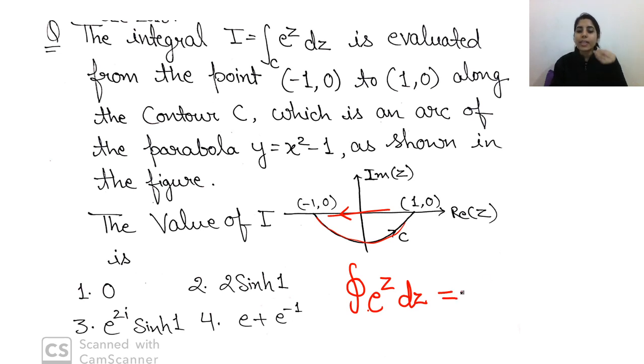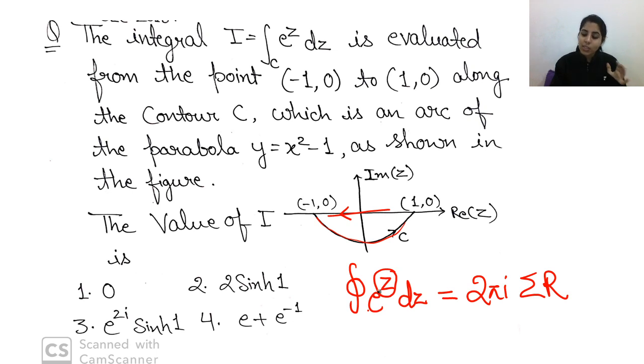But before writing it into two parts, I am also going to talk about the pole, which is the basic method. As per the Cauchy's residue theorem, this integration over the closed contour will be 2 pi iota into the sum of residues at the poles which are lying within the contour. So guys, what are the poles existing within the contour? Is there any finite value of z which will make this function infinity?